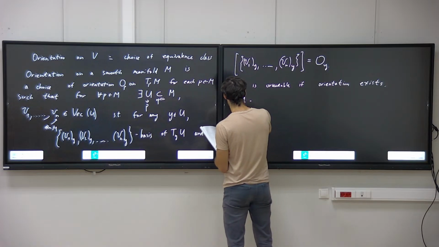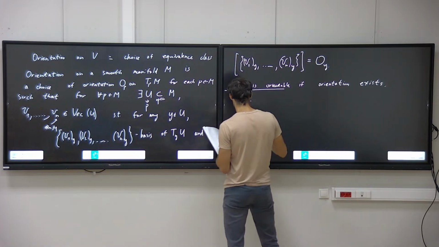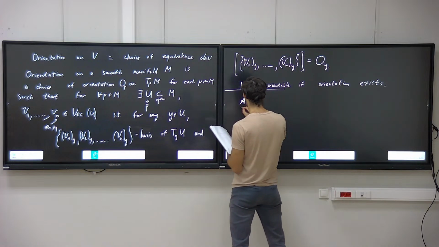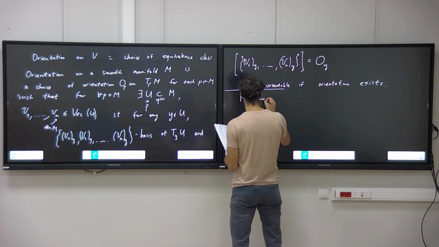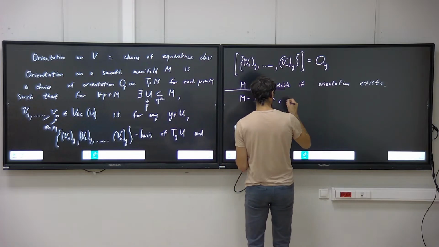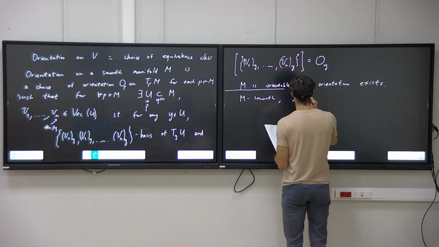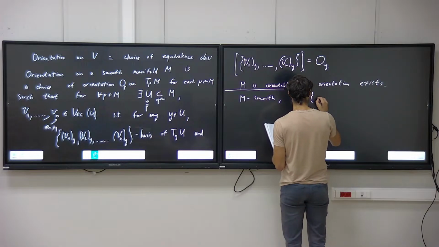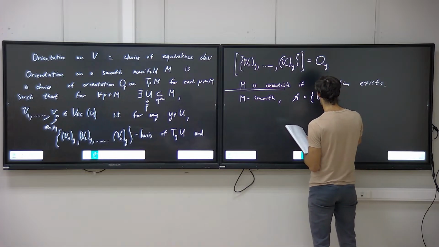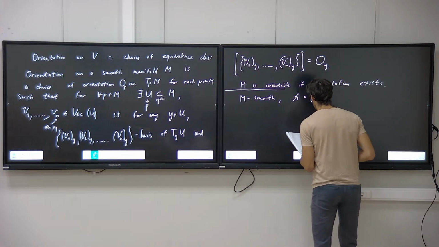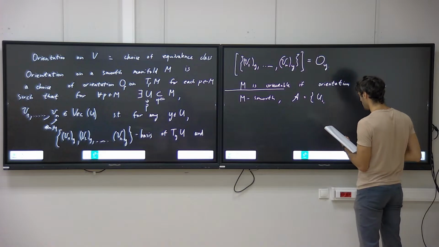So again, I have some smooth manifold. I start with it, and then I have a smooth atlas on it, U_i. Well, I don't even need, I guess.